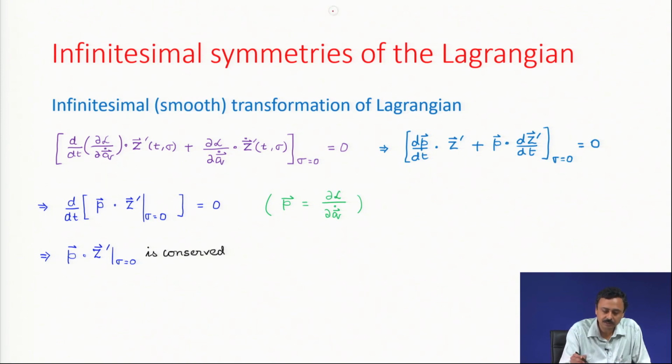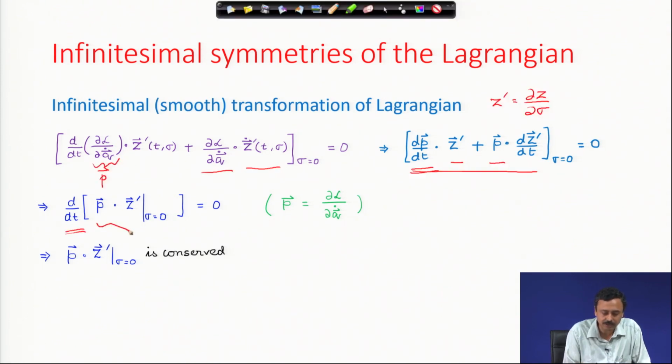Because d/dt of this term is 0. In other words, this term itself must be a constant of motion, it does not change with time. Therefore, if we have a symmetry of the Lagrangian, we can find a conserved quantity like this, if we can find such a transformation under which the Lagrangian remains symmetric.